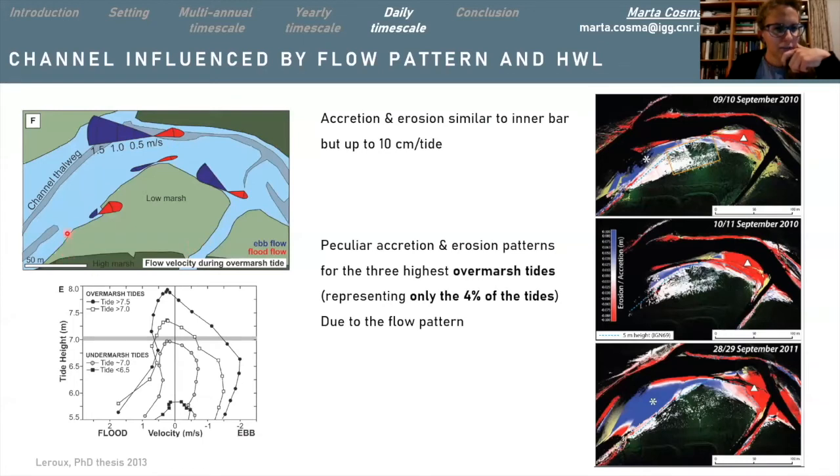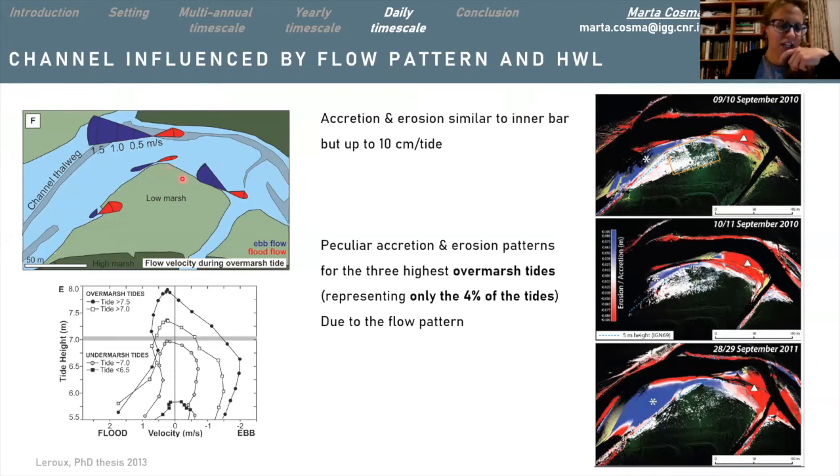Looking at the flow pattern here, we can see that the flood coming from the west generally overtops the low marsh and the inner bar, and then goes toward the outer bank, toward the landward side.